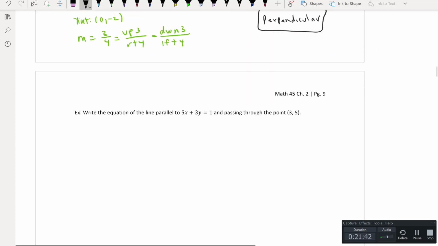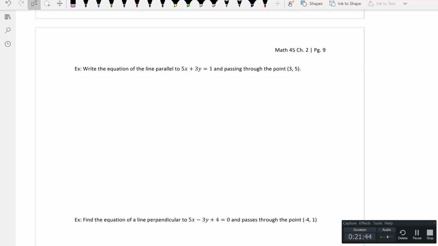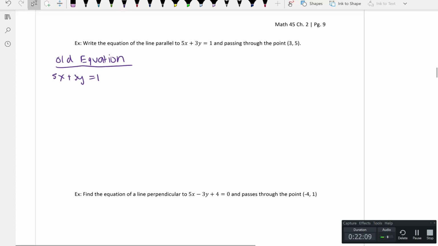Moving on to the next example. It says, write the equation of a line parallel to 5x plus 3y equals 1 and passing through the point. So what we're going to do is look at our old equation. The only thing that I want from my old equation is to identify the slope. So if I have 5x plus 3y is equal to 1, I'm going to figure out my slope.